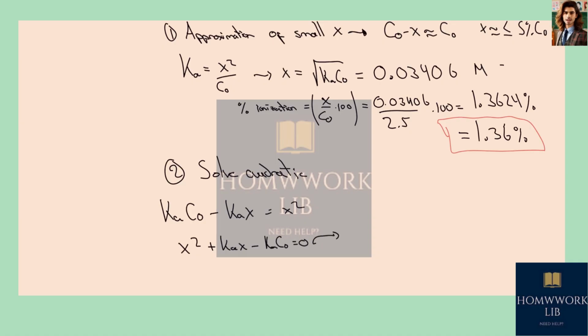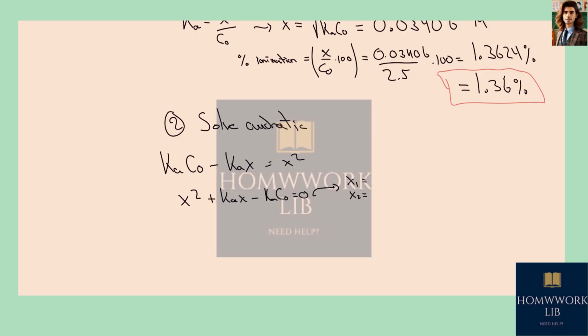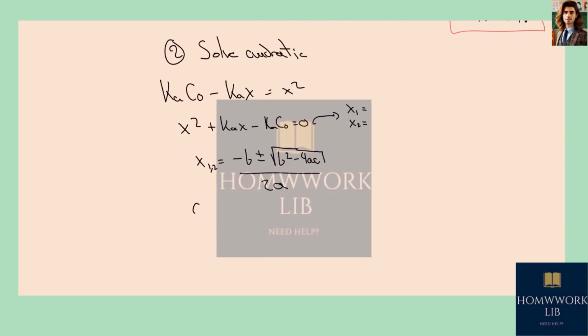We're going to solve for the two solutions, either using your calculator or the general formula: x1,2 would be equal to minus b plus or minus the square root of b squared minus 4AC, divided by 2A, where A would be equal to 1, B would be equal to Ka, and C would be equal to minus Ka times the initial concentration.